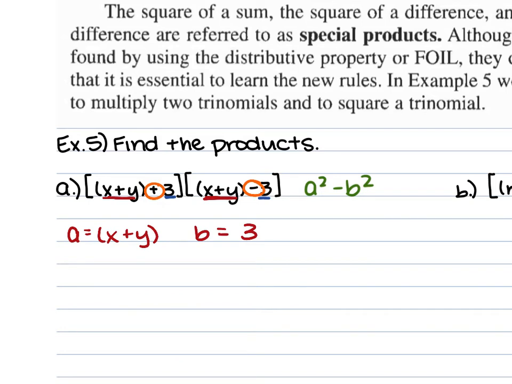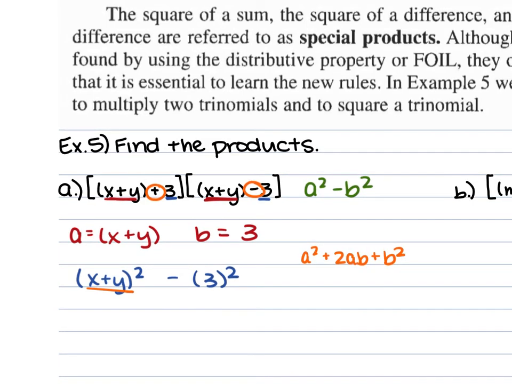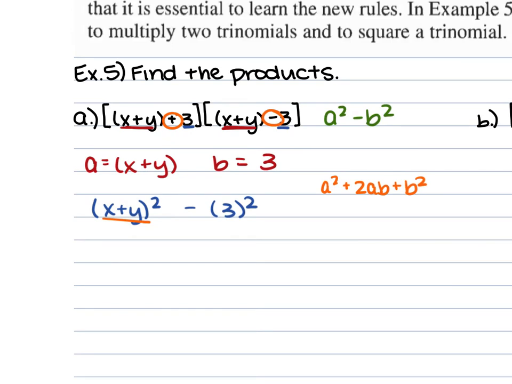So if we plug these values into that a squared minus b squared, we're just going to have x plus y squared minus 3 squared. Now that x plus y squared is also that a squared plus 2 times a times b plus b squared. So our a from that one is the x, and our b is the y.